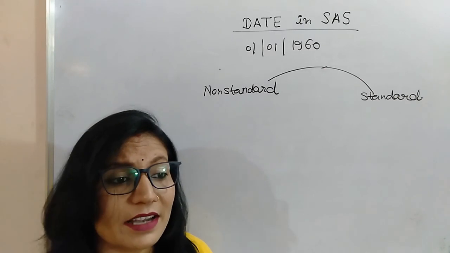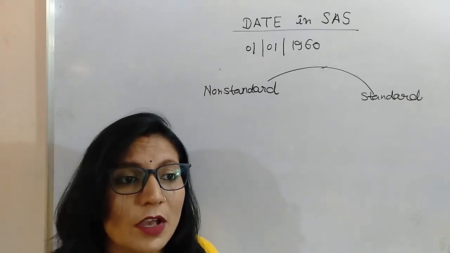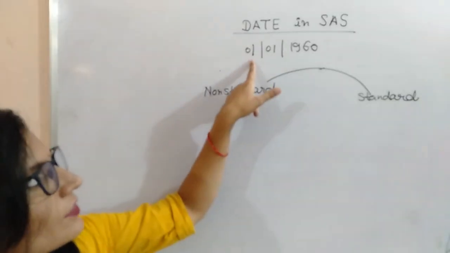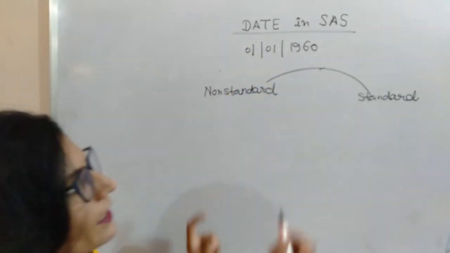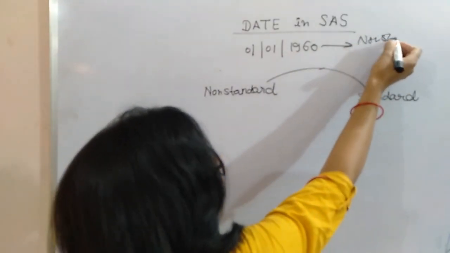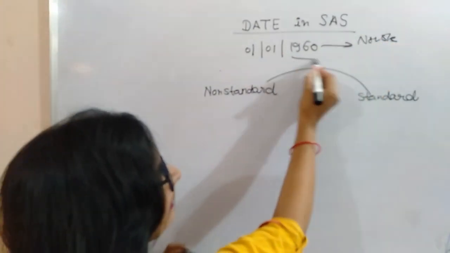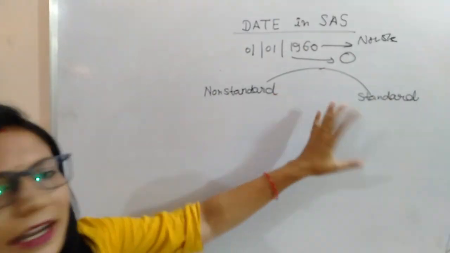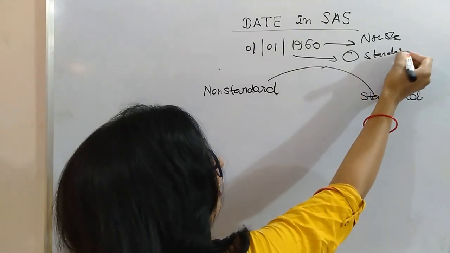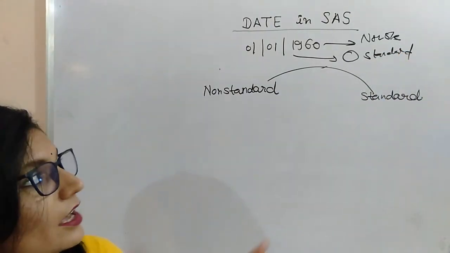Non-standard is a form which the system does not understand. Let's say you are passing a date in this form. That is a non-standard one. And if you convert that to 0, which is the origin date of SAS, that will be a standard. Do you understand now what standard and non-standard are?